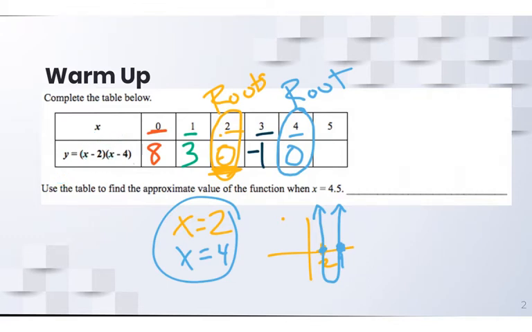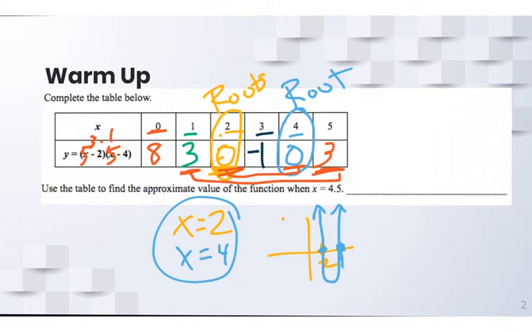So 5 and 5. 5 minus 2 is 3, and 5 minus 4 is 1. So 3 times 1 is a positive 3. Oh, and I see that here, right? That's common with quadratics, where I see pairs that repeat.